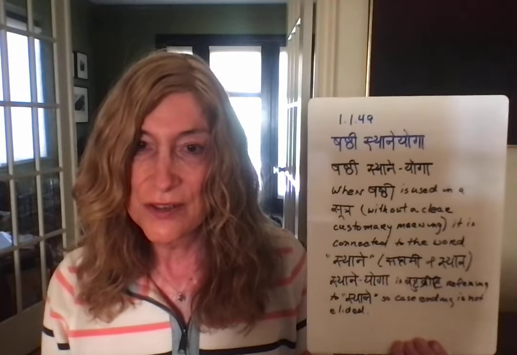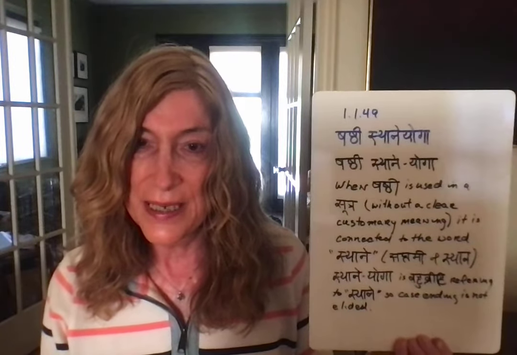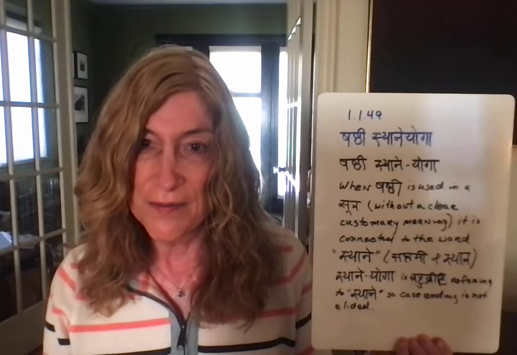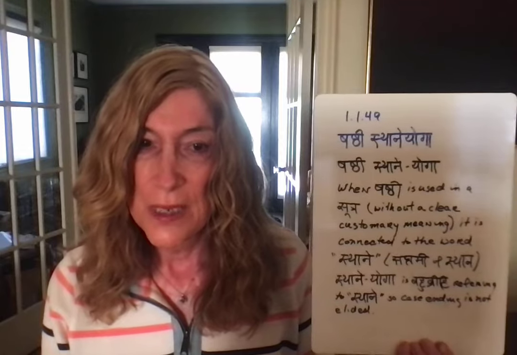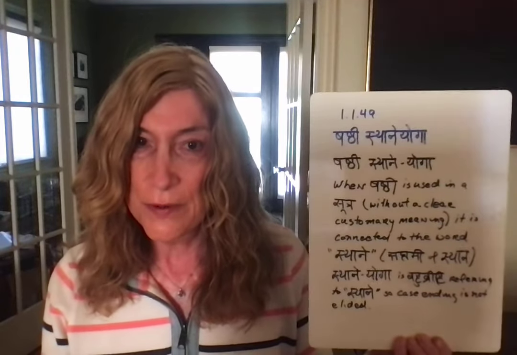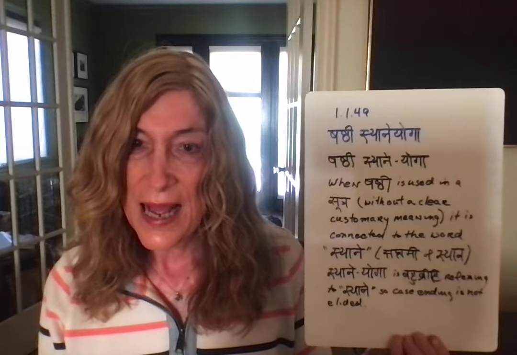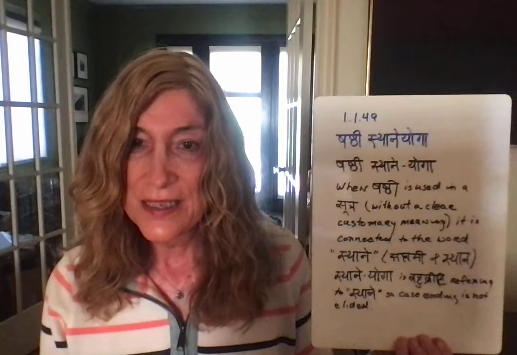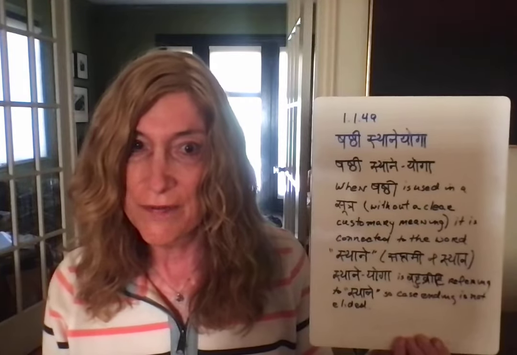That is understood to be because the sense of sthane, meaning "in place of," is crucial for the meaning of the compound. I guess that's a rough way of putting it. So we've already encountered the use of this sutra in the past, and also an example of when this shashti is used in a more customary fashion.